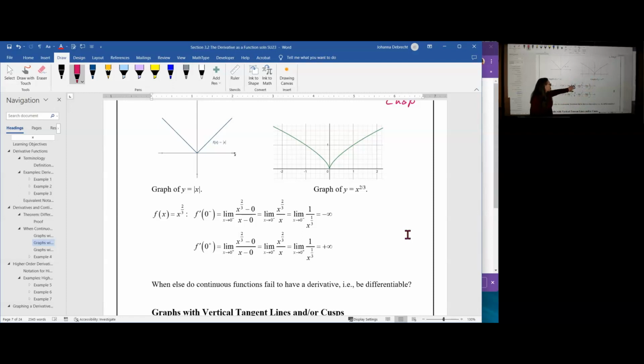When I do that, I use the definition at the origin again to represent x to the 2/3 power minus 0 over x minus 0. When I simplify, I get 1 over x to the 1/3, which is basically 1 over the cube root of x.